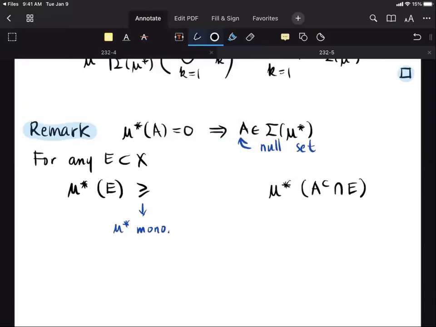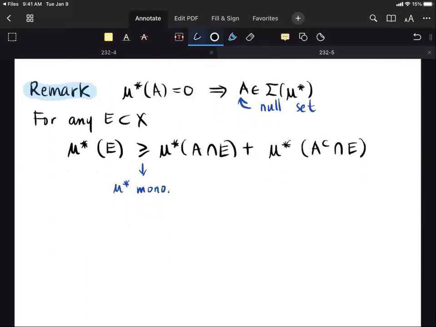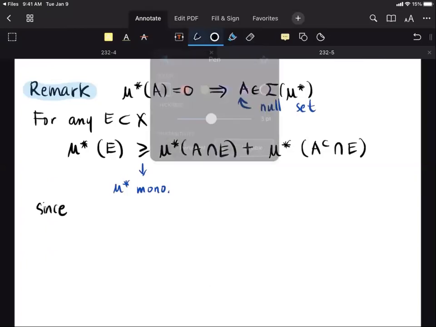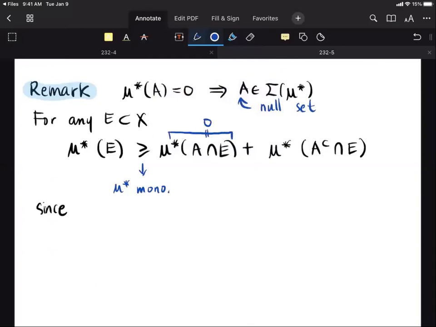Now, if we look at mu star of A intersection E, the one that we said a while ago, this is 0. Why is that? This is a subset of A, and by the same reasoning, the outer measure of this intersection is less or equal to the outer measure of A. Now this is 0, and outer measure is non-negative.